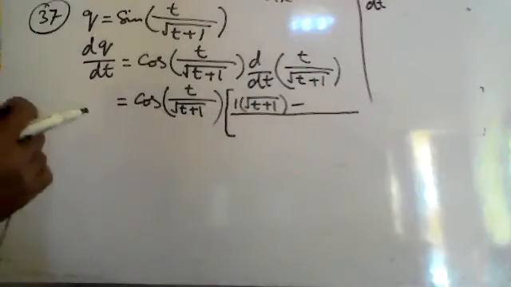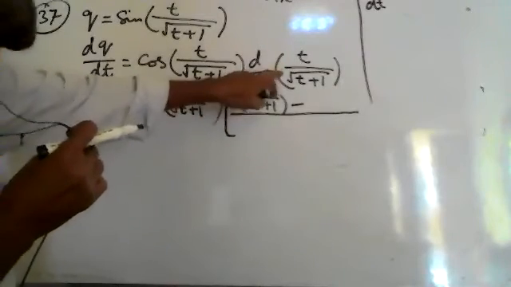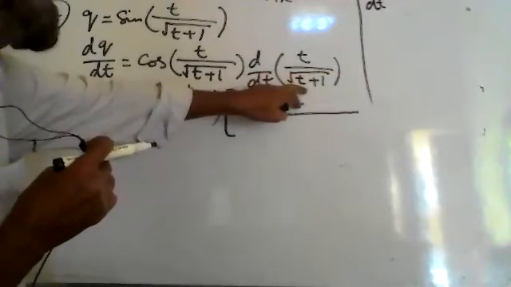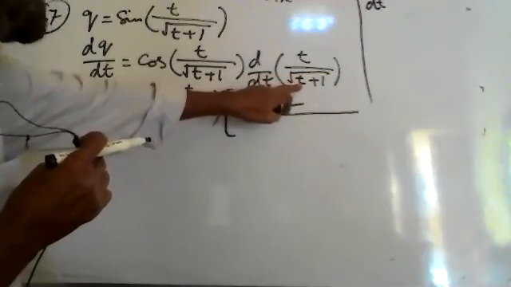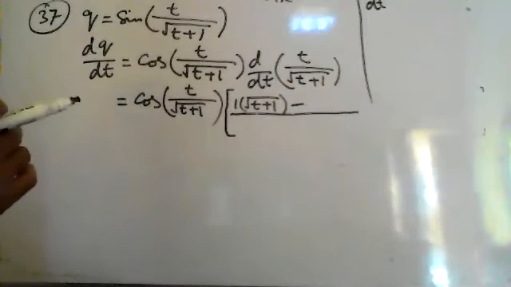So we will find the derivative of under root t plus 1. Under root t plus 1 is t plus 1 raised to power 1 over 2. First we found the derivative of this one, that is 1, minus the derivative of under root t plus 1, that means derivative of t plus 1 raised to power 1 over 2.